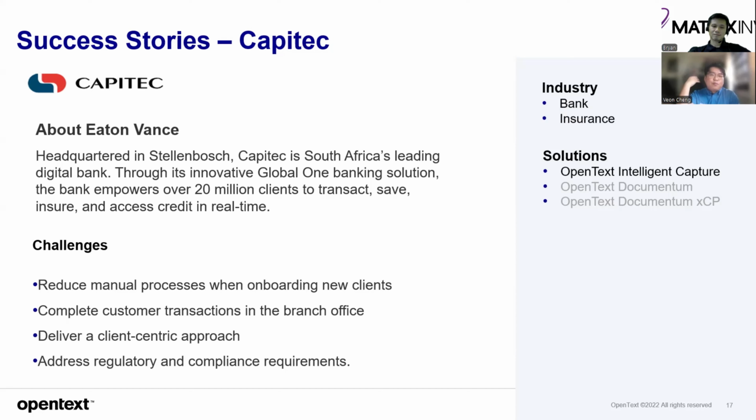Right now we also provide real-time services where they can simply go to the branch office, scan, and in real time get the results on the spot to open up the accounts for customers. Later in the demo, we will demo these two kinds of process, real-time and batch processing, to see how it fits different customers' requirements.